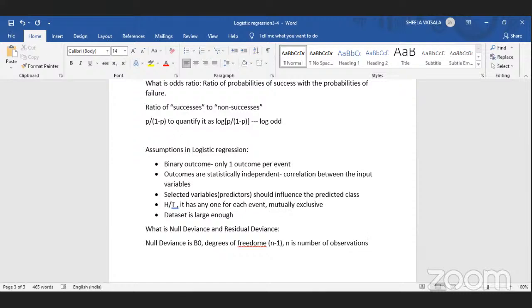Whereas, how well the response is predicted using nothing but an intercept.